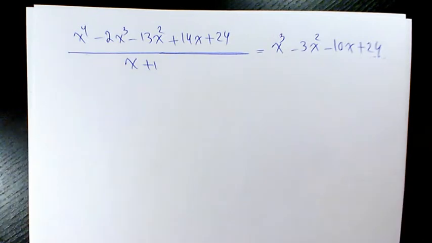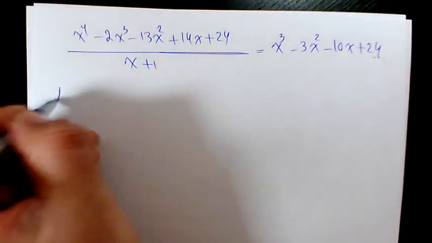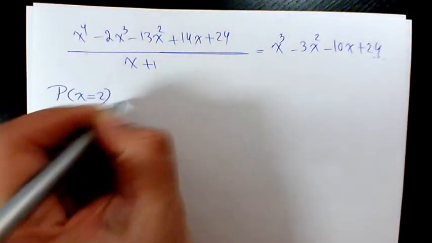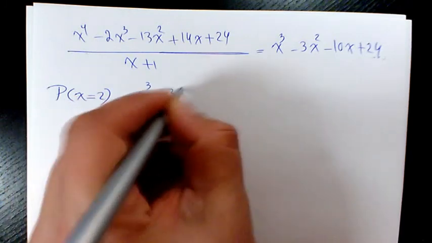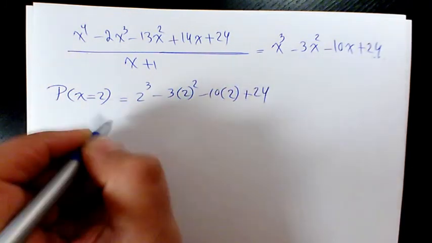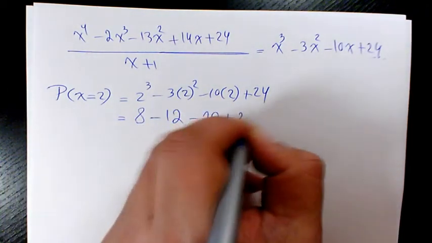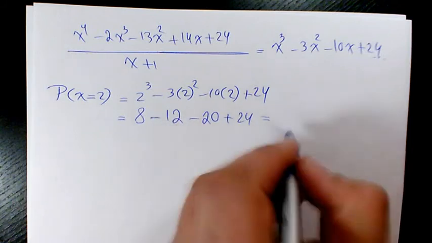So let's look at the cubic root. Let's use x equals 2 in this case. So we have 2 to the power 3 minus 3 times 2 squared minus 10 times 2 plus 24. That's going to be 8 minus 12 minus 20 plus 24. That's going to be 0.